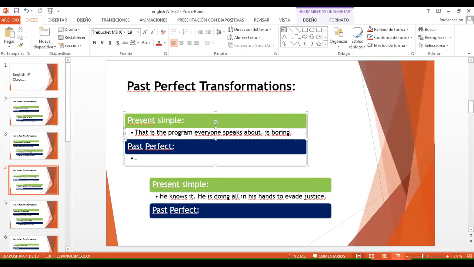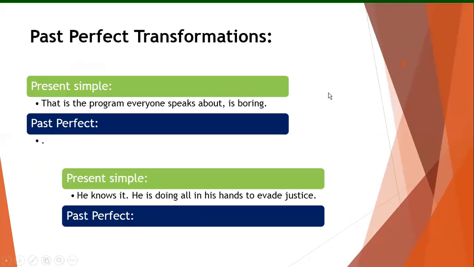I'm sorry, I don't know what happened. That is the program everyone speaks about. It's boring. So, part number one, identify the actions that are active. In this case, what parts of the sentence are we going to change? That is the program everyone speaks about.